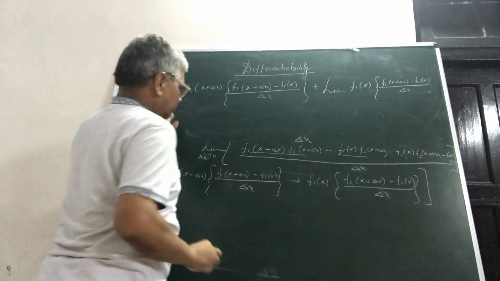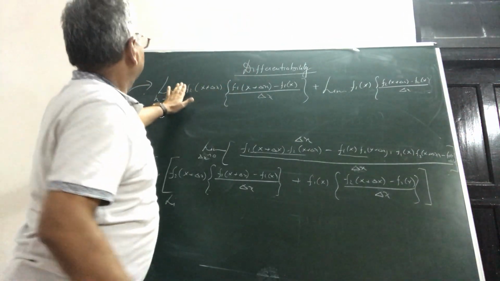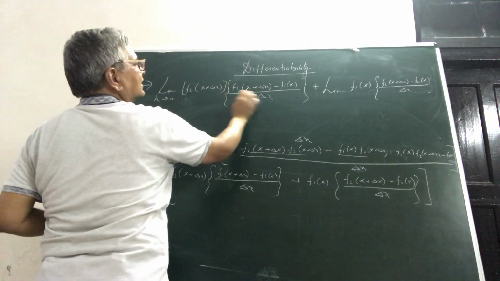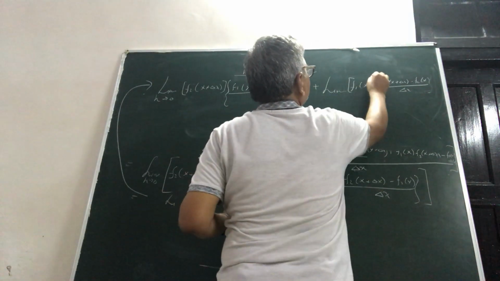Now here also, please see, each of these entities, this whole limit, is the product of two functions. One is this one, the other is this one. Likewise here, this is one function.